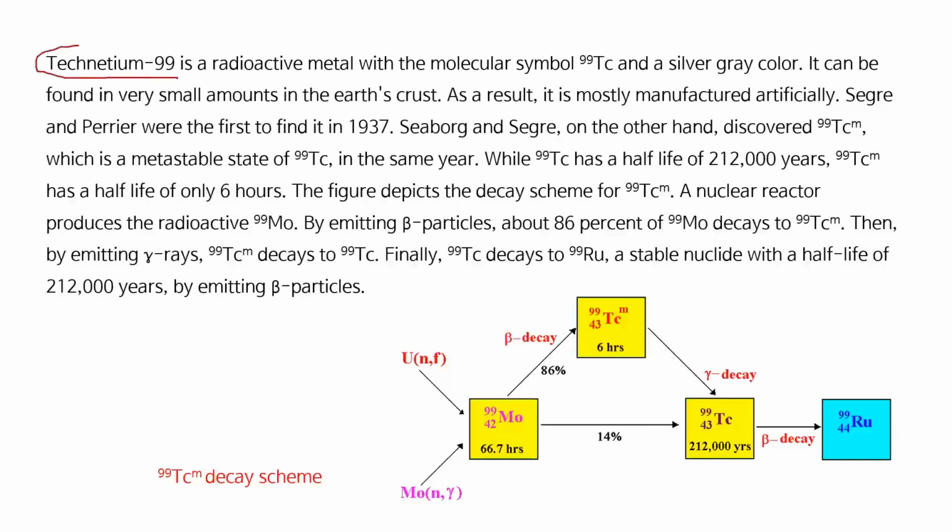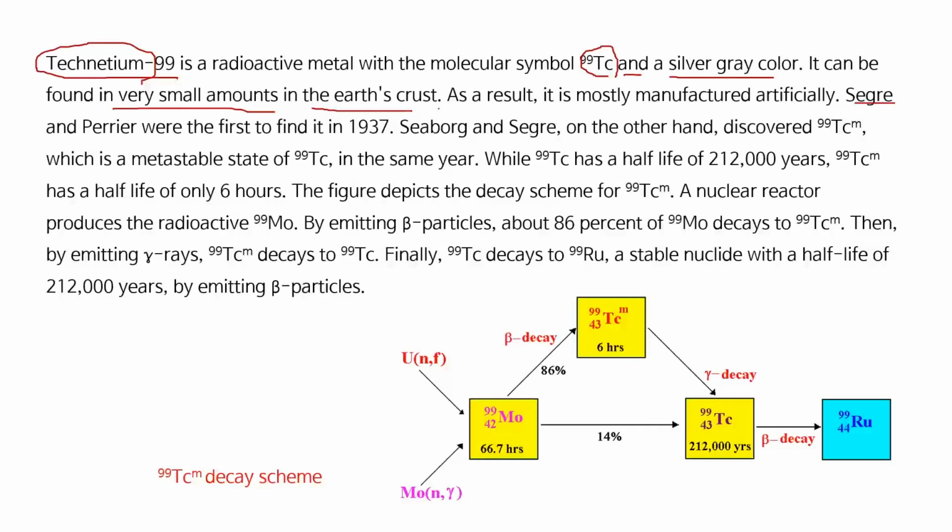Technetium-99, or Tc, is a radioactive metal with the symbol Tc-99 and a silver-gray color. It can be found in very small amounts in Earth's crust. As a result, it is mostly manufactured artificially.